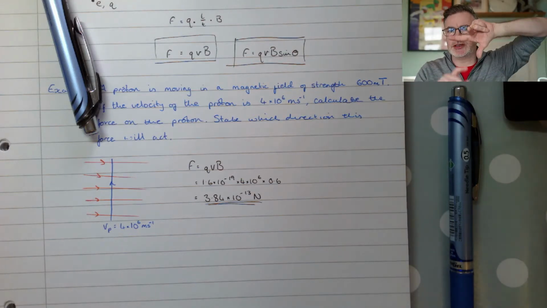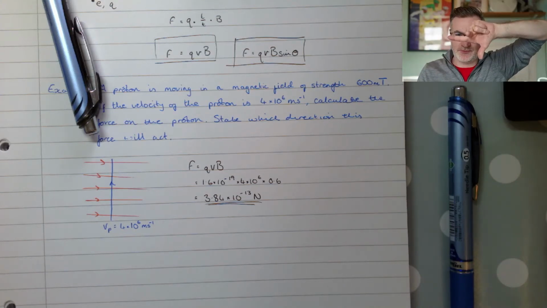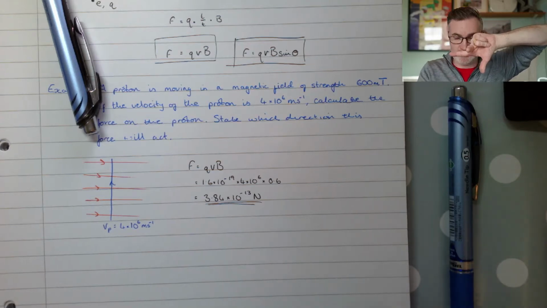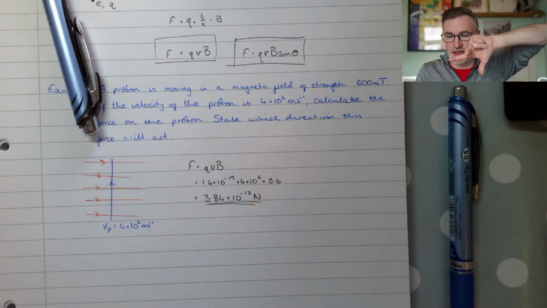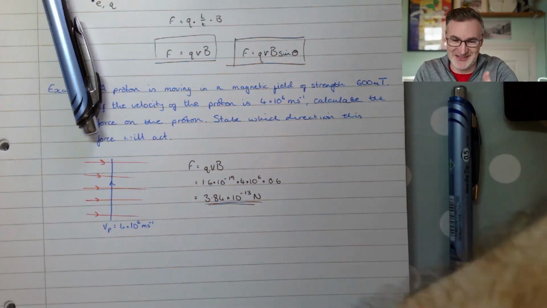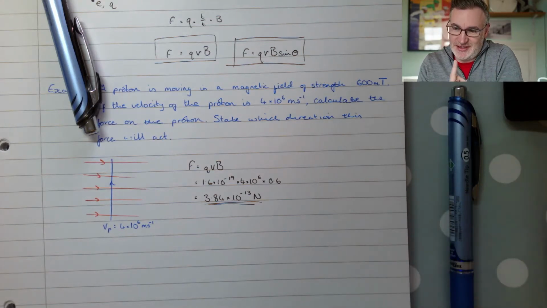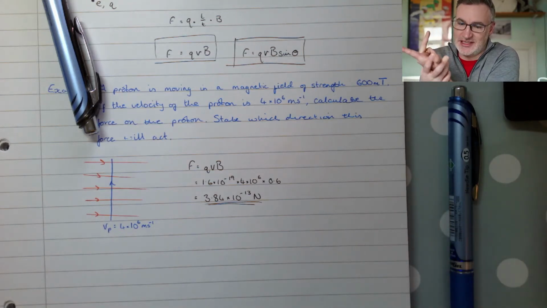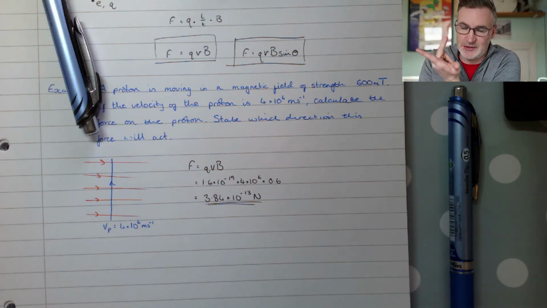The direction of current is going to be in towards the screen. So you're going to have B, and then into the screen. And the force is going to point into the screen.